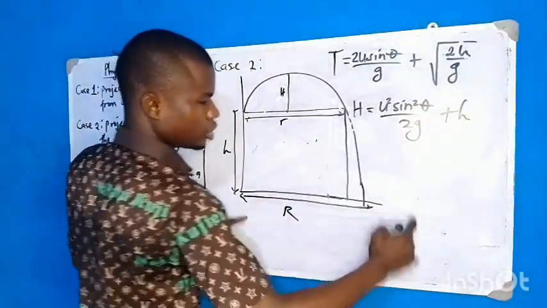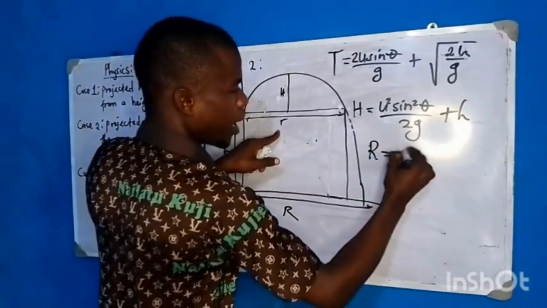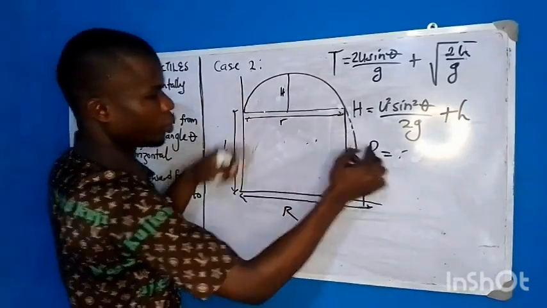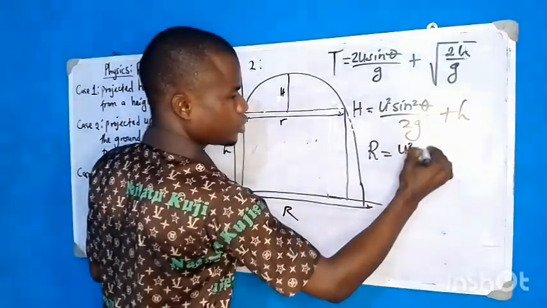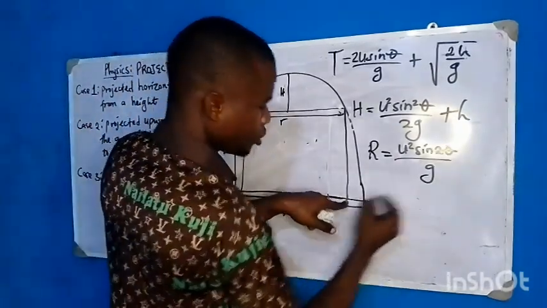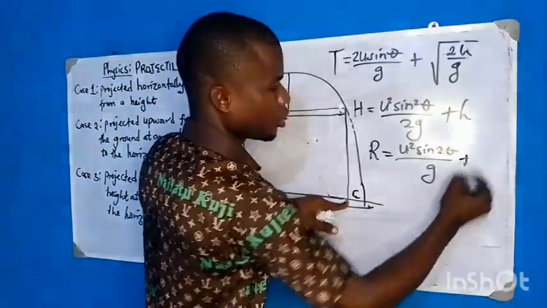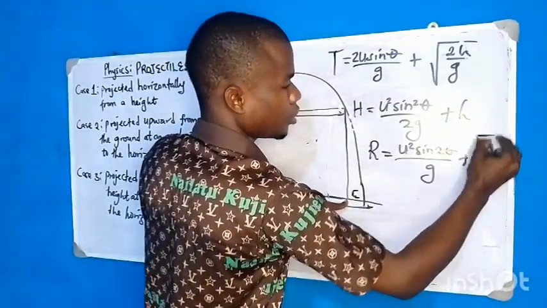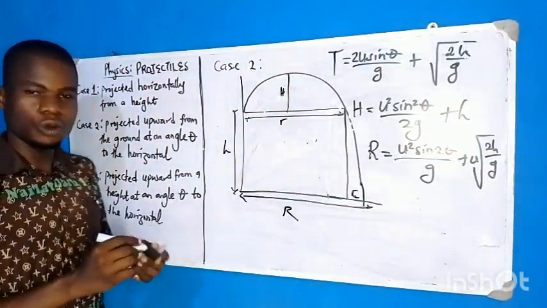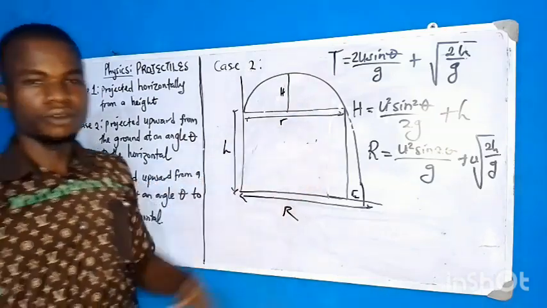And then our range, this other r, is equal to the small letter r for the upward part, which is u squared sine 2 theta all over g, plus the range of this other side, let's call this r2, which is u times the square root of 2h over g. I know that this case 3 looks a bit new to you, but we can find our time of flight, our height, and our range from this.